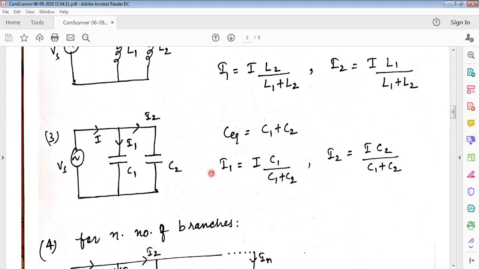When you solve, you will get this. Capacitance behaves opposite to resistance, because Xc, the capacitive reactance, is 1 upon 2 pi f C. This means the ohm value is inversely proportional to the capacitance value. But for the inductor, XL, the inductive reactance, that is the ohm value of the inductor, is equal to 2 pi f L.